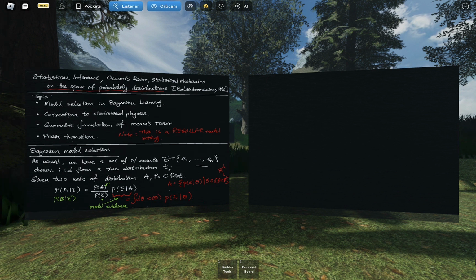So really, we're just comparing model evidence. Right, so this is on a high level what Bayesian model selection tells us to do. If you have two different models, pick the one with higher model evidence. Right. So the rest of the story, as we are familiar, would just be about getting a handle on this model evidence, which is usually a very daunting task.